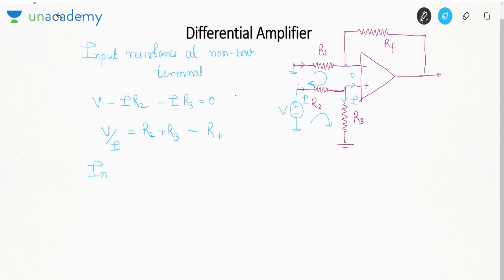What about input resistance at inverting terminal? In that case, where will you connect the source? We will connect the source at the inverting terminal and we will ground non-inverting terminal.